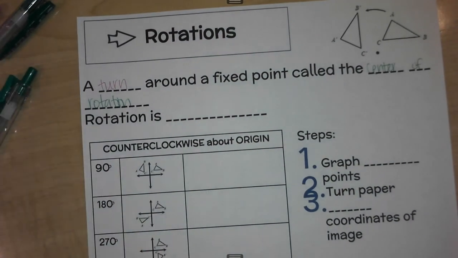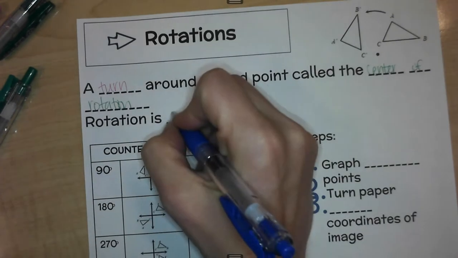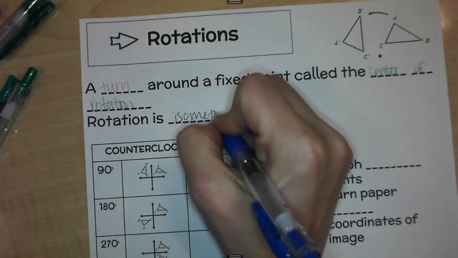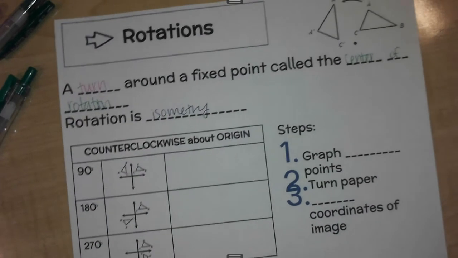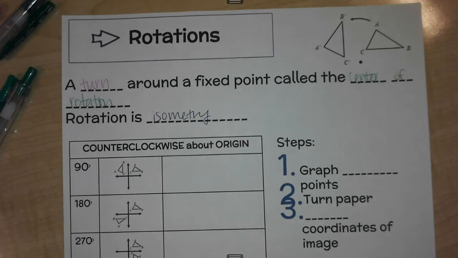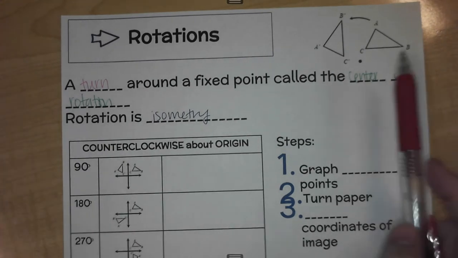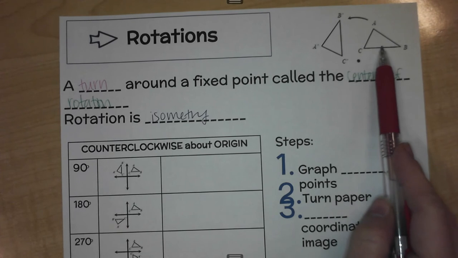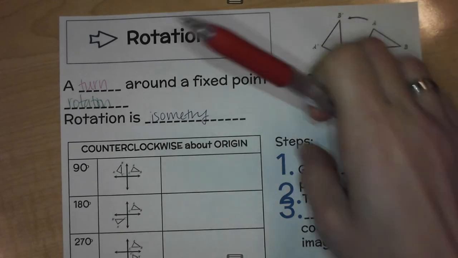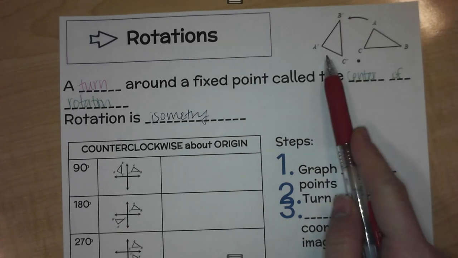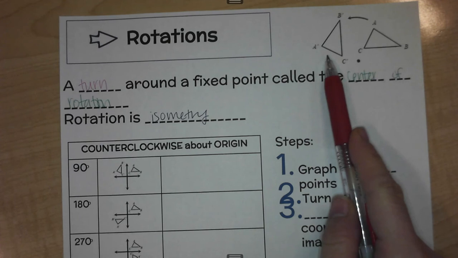And our rotation is another isometry transformation, meaning that we're not changing the shape of our figure in any form or fashion. We're just taking that pre-image and rotating it around to have the image.